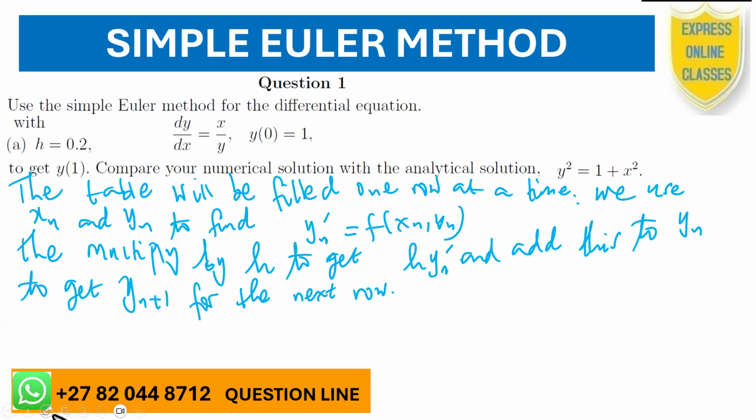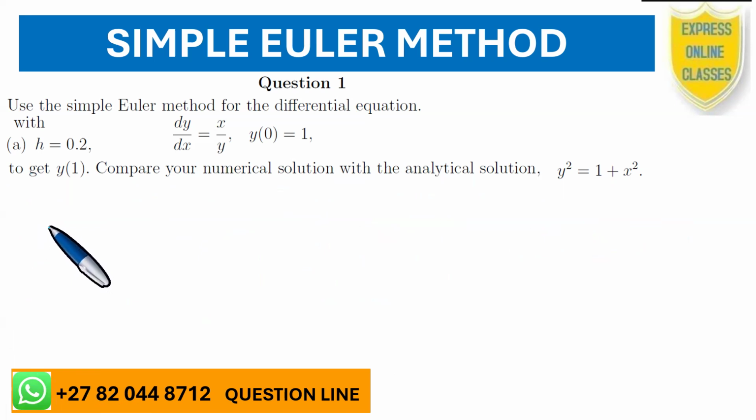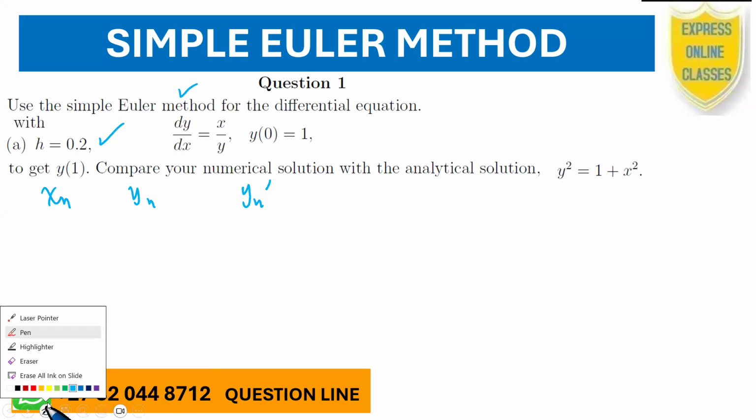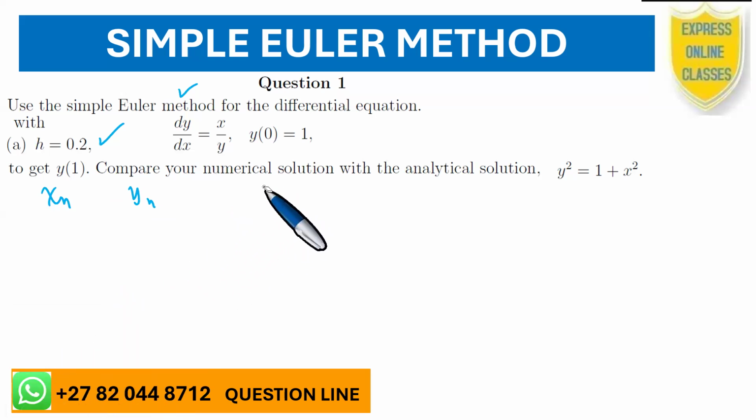For this step length h, which is 0.2, if we start with x_n, y_n, and y_n primed, let us move this a little bit further right, because we shall have some numbers with several decimal digits in our approximation technique.